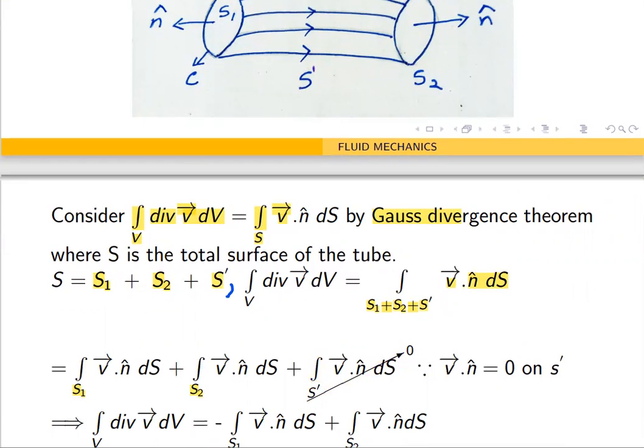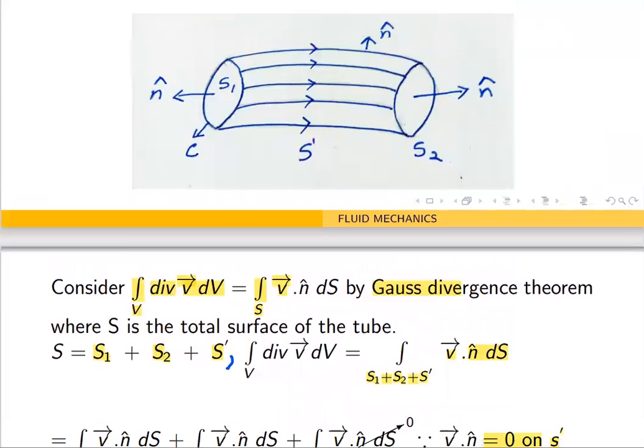Now V dot n on S dash is very important. V is the direction of the continuum, that is this direction, and n is the normal direction to any small surface dS on that curved surface.